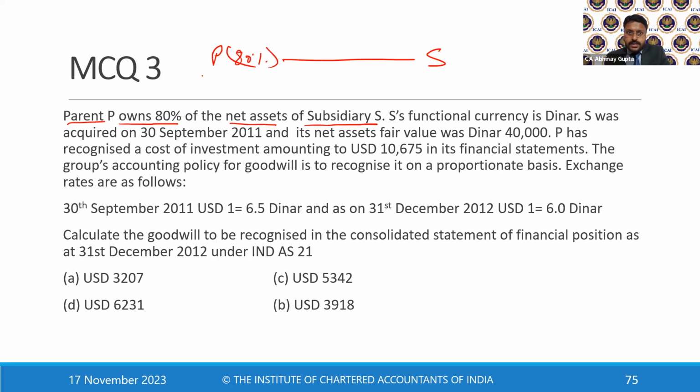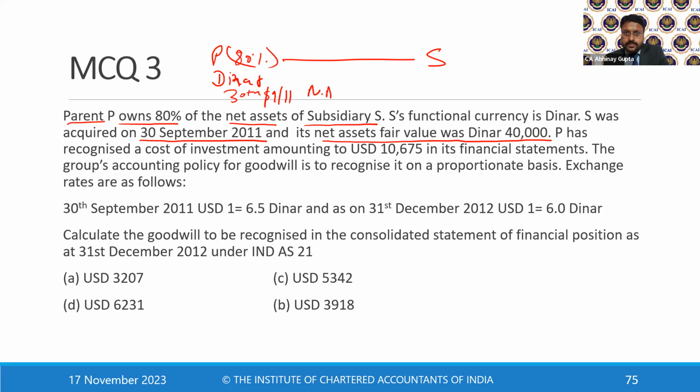S's functional currency is dinar. S was acquired on 30th September 2011, and its net asset fair value was 40,000 dinar.